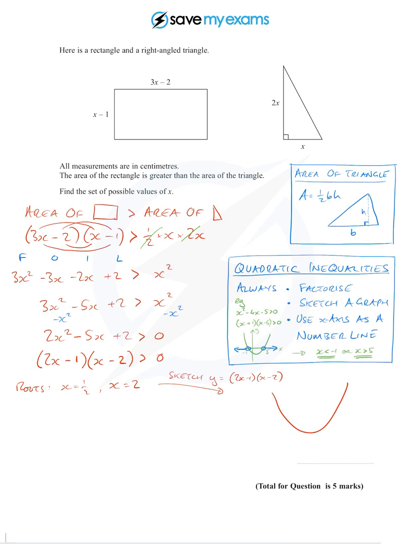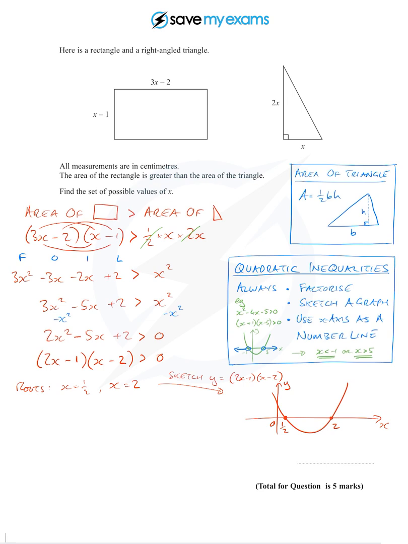Okay, and let's put an x-axis in. Notice when I sketch graphs I tend to do the curve first, and the roots are at a half and 2, which means if I want to I can put a y-axis in about here, and there's the origin. And there's a little sketch of my graph.